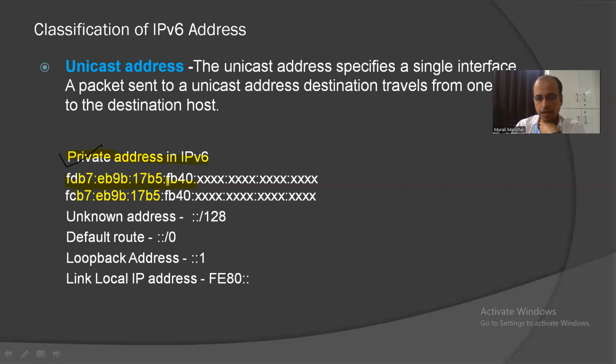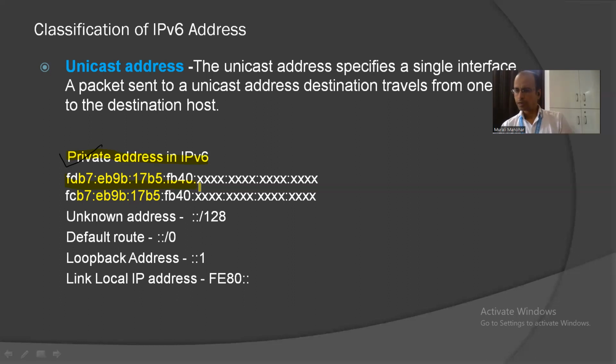But in this last group, where I have used FD40, you can change the value. The specification is that the value should be the same till the third group, but in the fourth group, we can make changes to form different networks to assign IP addresses in different networks.